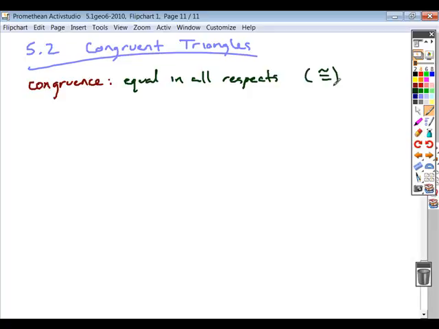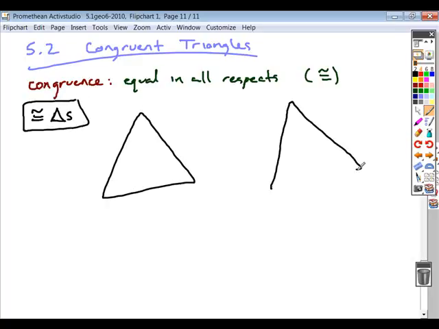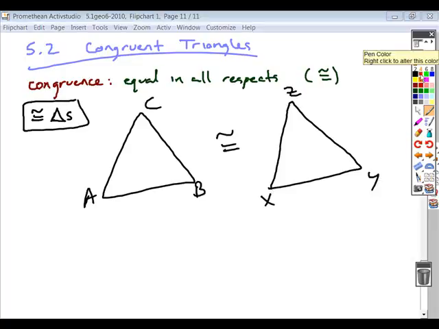And in talking about congruence of triangles specifically, if two triangles are said to be congruent, so let's say these two triangles are congruent, we'll label them A, B, C, and X, Y, Z. What congruence means is all corresponding pieces between these triangles are congruent.